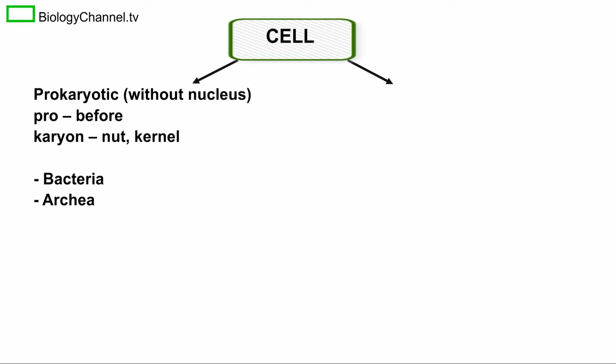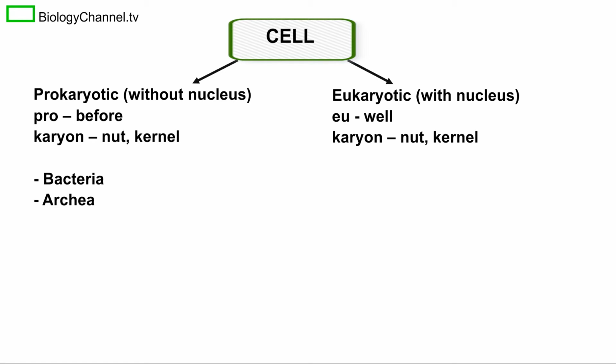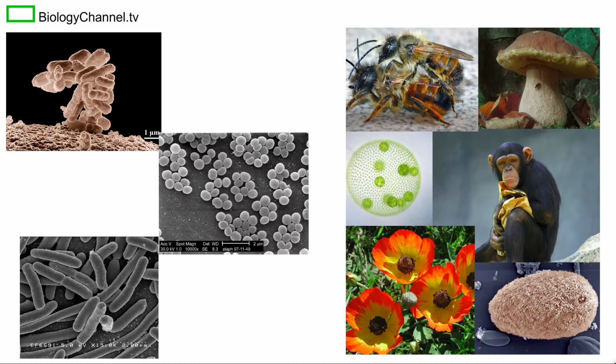The second kind of organisms, cells, are eukaryotes. From Greek, of course, eu means well and karyon means nut or kernel. Eukaryotic cells contain nuclei and include such organisms as animals, plants, fungi, protozoa. Once more, on the left are prokaryote, bacteria.